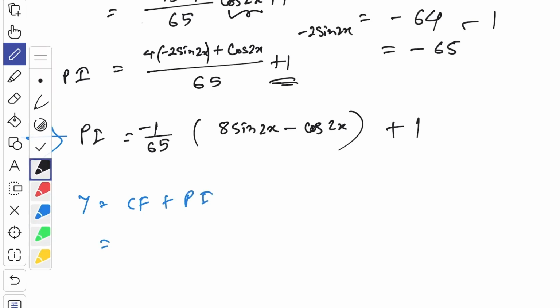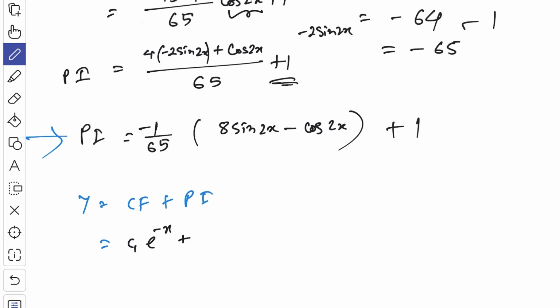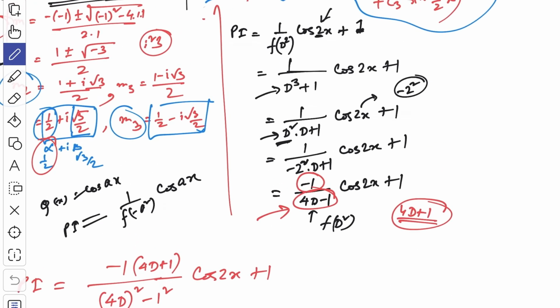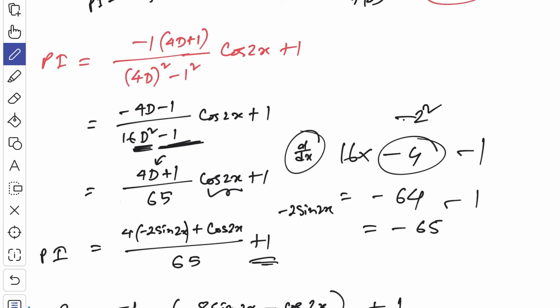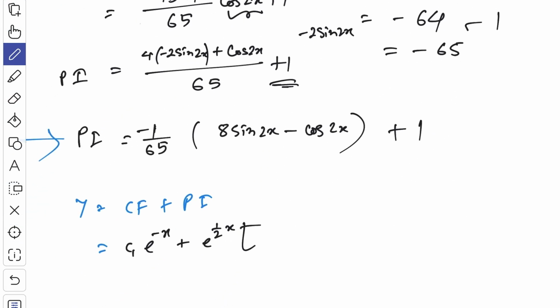So our CF, we have got c1 e to the power minus x plus e to the power half x, the term within bracket, c2 cos root 3 by 2 x plus c3 sine root 3 by 2 x.